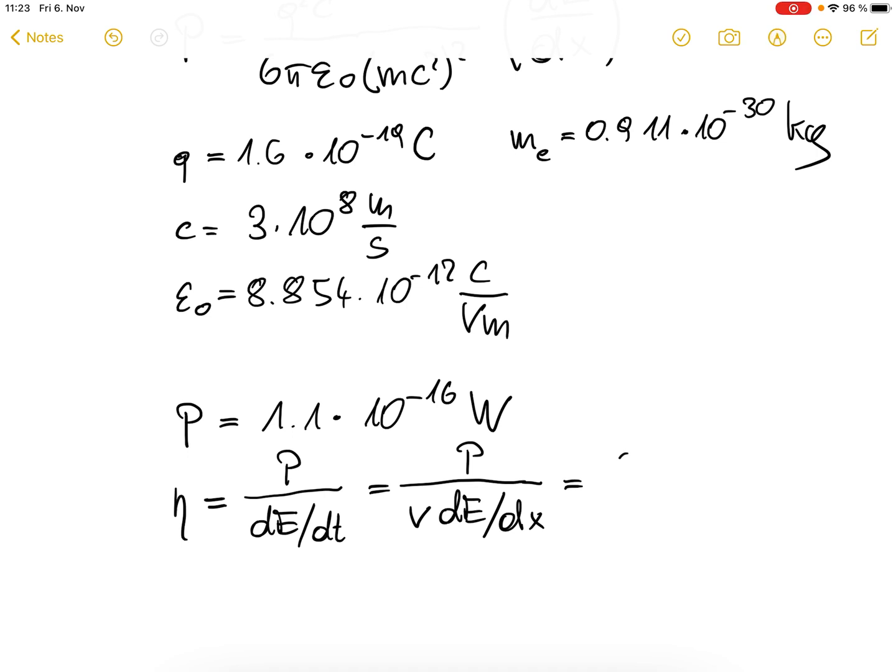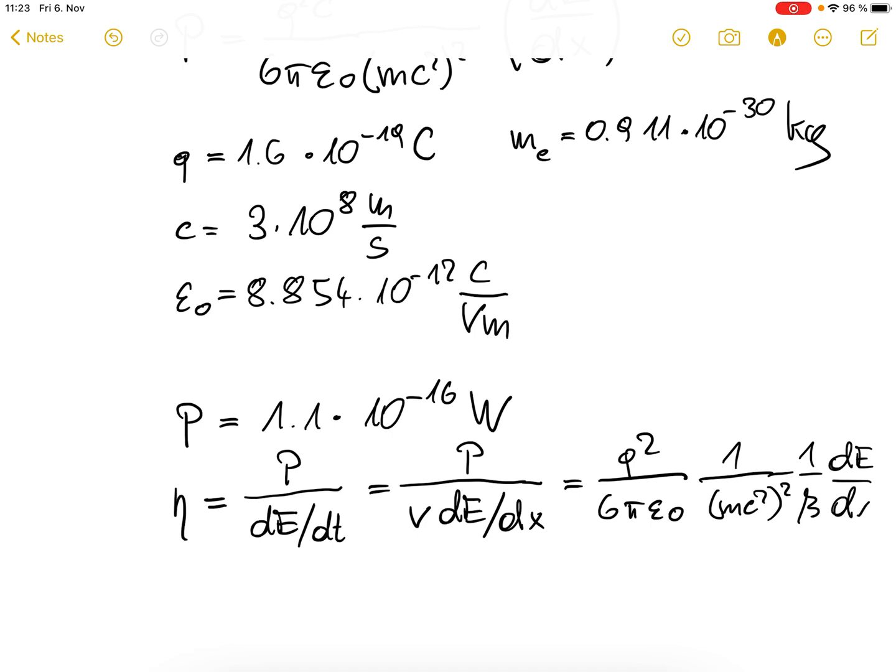And in terms of expression, this becomes q squared over 6 pi epsilon 0 times 1 over mc squared times 1 over beta dE/dx.